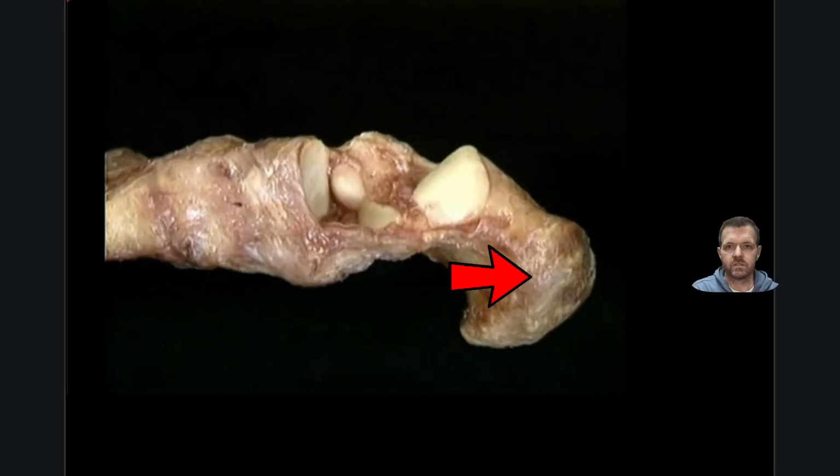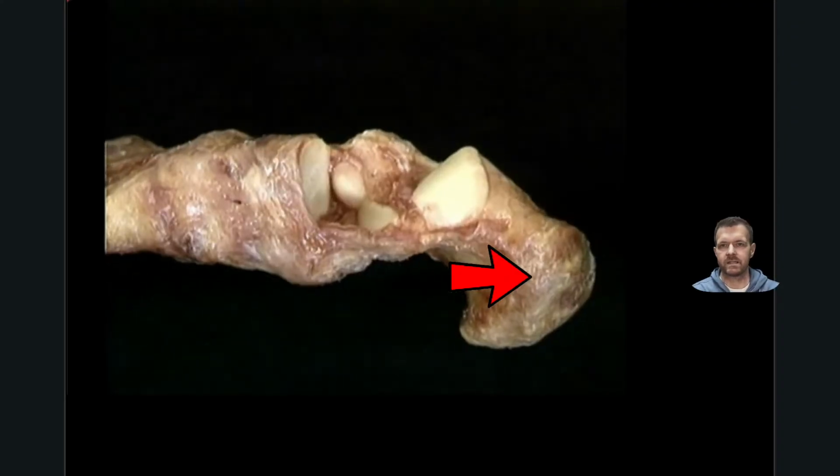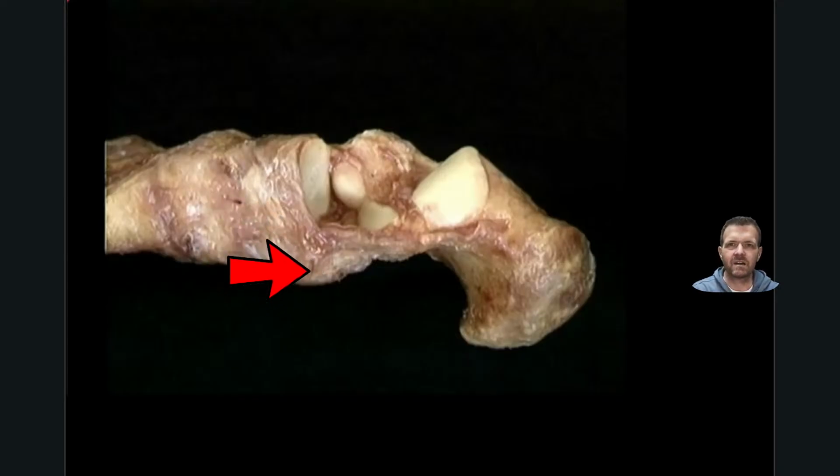Okay, so let me just pause that there. Right, so there's a big bone missing here. See if you can spot it. So there's your calcaneus just there. You can see the shape of the calcaneus as it's coming down. There will be your navicular, I think, that one just there. And around that area there will be your sustentaculum tali.